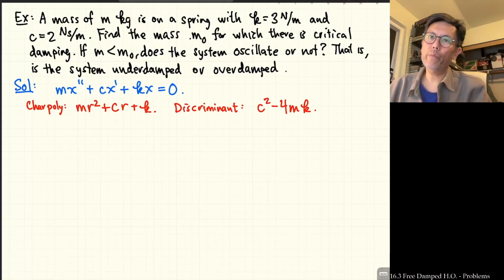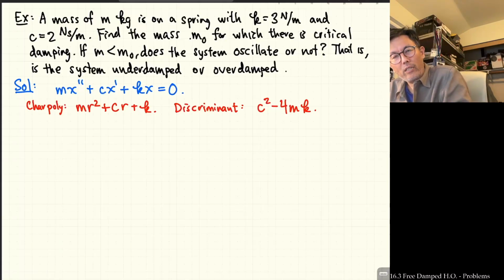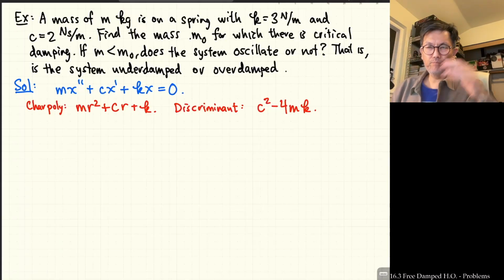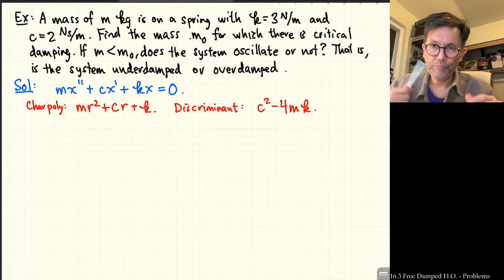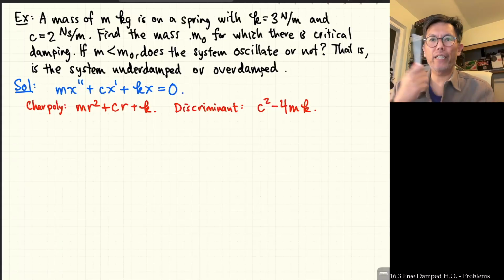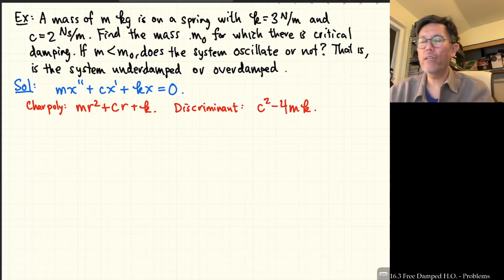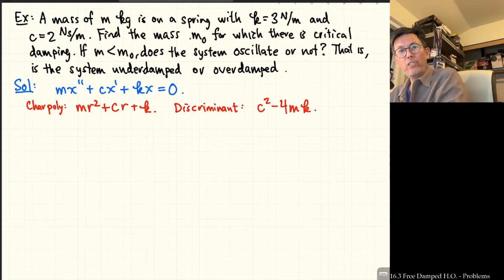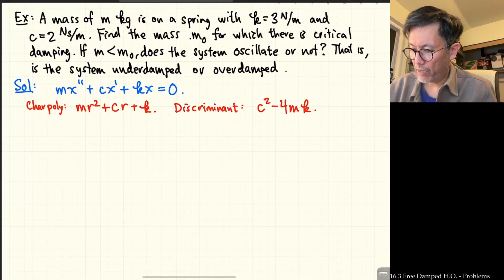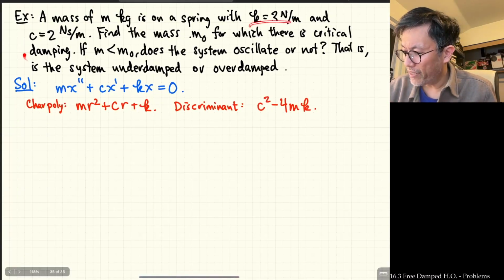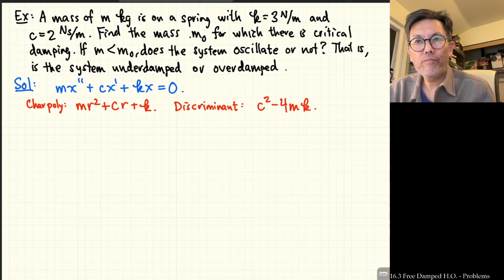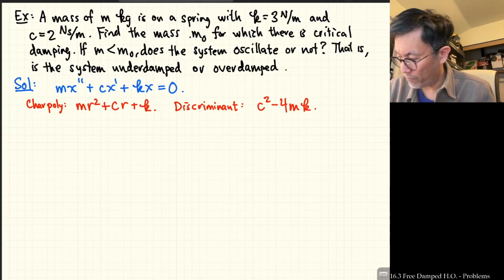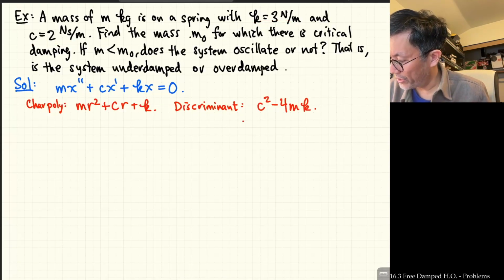And I claim, and I'm right, that this discriminant is more or less equivalent to what we would obtain if we used p and omega naught. But in particular, we can use this formula because we are given the value of k and the value of c. So we can fill in the blanks here.